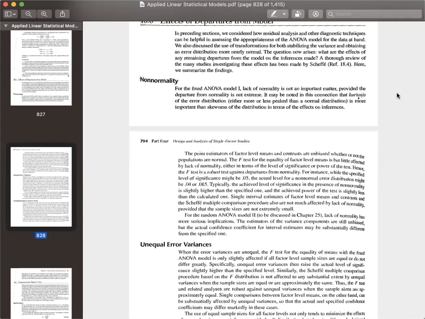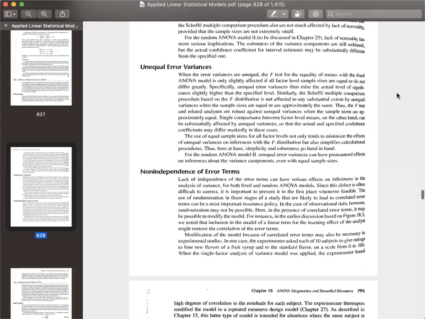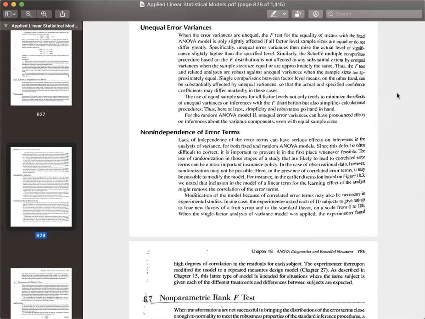Now, unequal error variances. When the error variances are unequal, the F-test for the equality of means with the fixed ANOVA model is only slightly affected if all factor level sample sizes are equal or do not differ greatly. Specifically, unequal error variances then raise the actual level of significance slightly higher than the specified level.